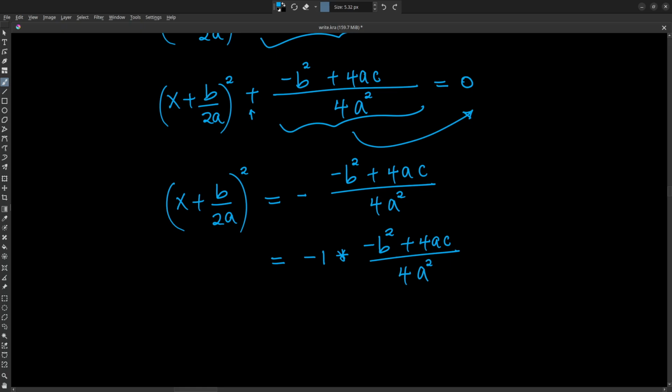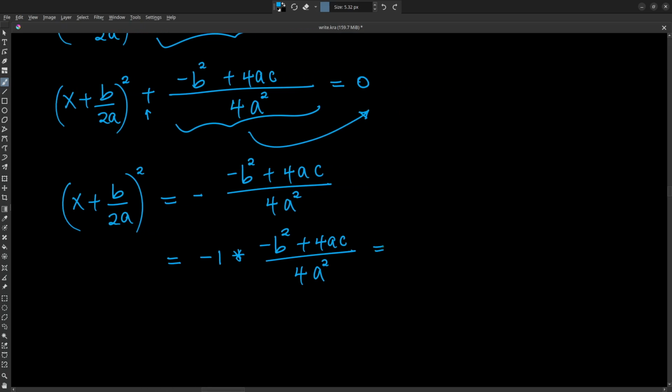So basically what we need to do is take the negative 1 and multiply through the terms in the numerator. So negative 1 times negative b squared is going to be b squared, and then negative 1 times positive 4ac is going to give us minus 4ac. This is all over 4a squared.